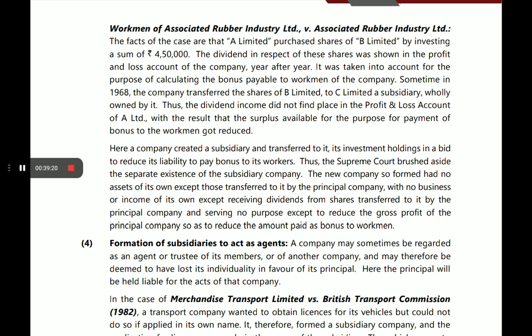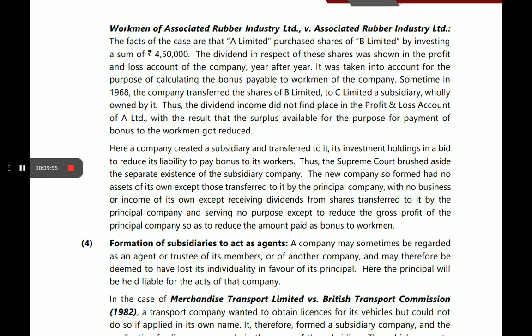Here, a company created a subsidiary and transferred to it its investment holding in a bid to reduce its liability to pay bonus to its workers. Thus, the Supreme Court brushed aside the separate existence of the subsidiary company.